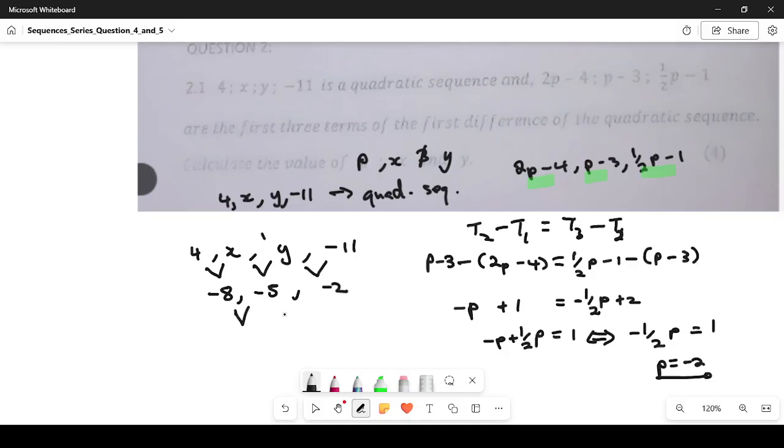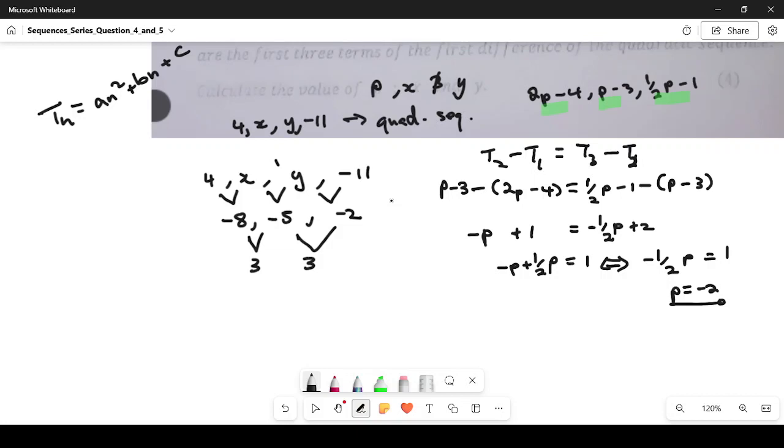So I can find my second difference, which is just positive 3. And in order to solve for what x and y is, I will just determine the nth term of this equation. So we know that this is a quadratic number pattern. So I'll just try and find, and we've got enough information to determine our a, b, and c.